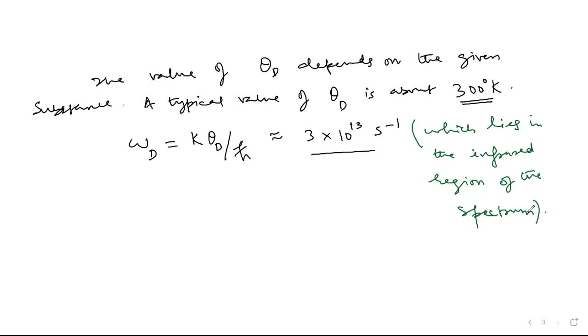Now, this frequency may also be evaluated from this equation. Omega D is equal to Vs times (6 pi square n) raised to 1 over 3, which we have discussed in the last lecture. So we can solve for omega D from this equation.